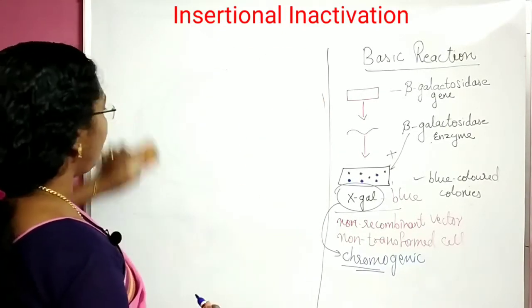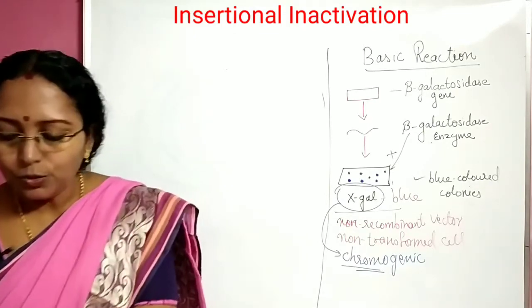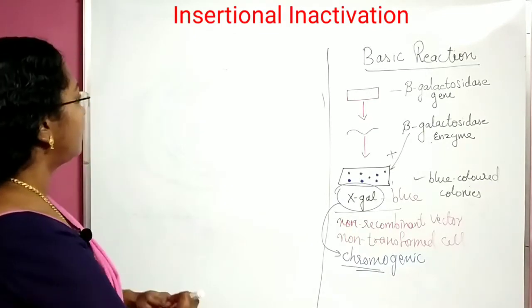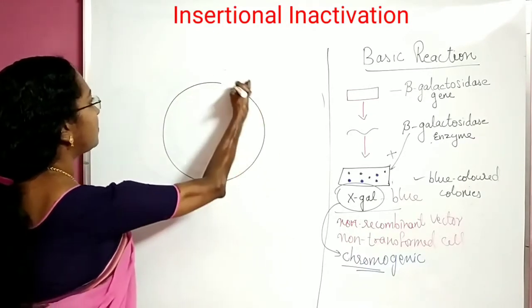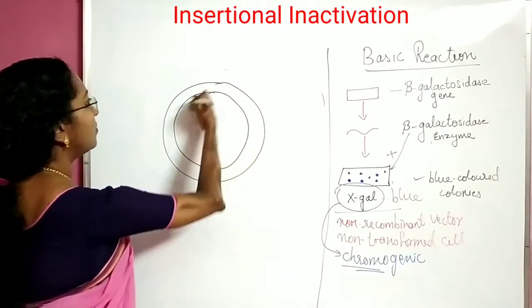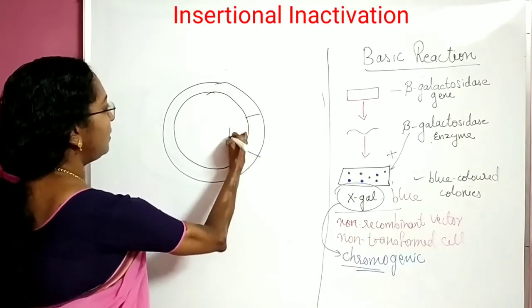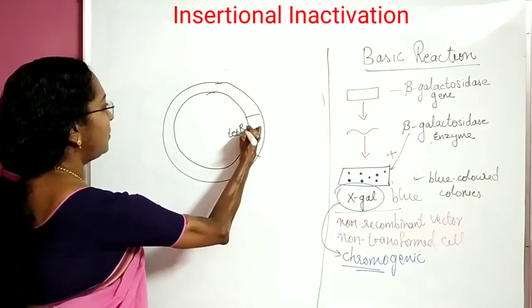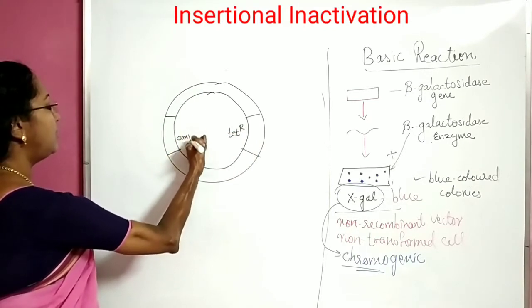Already I have told you that in pBR322 there are two selectable marker genes, isn't it? One is a tetracycline resistant region and another one is ampicillin resistant region.